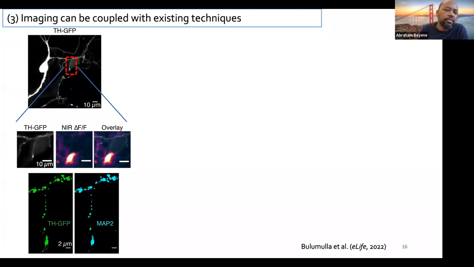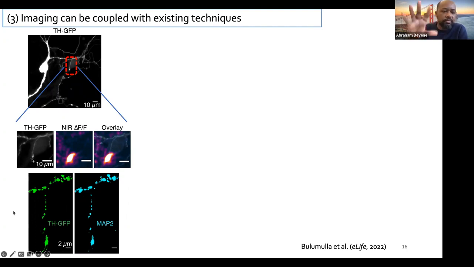And here I'm showing you a small window of a bigger field of view where a really nice hotspot can be detected and localized to a specific dendritic swelling of this process.